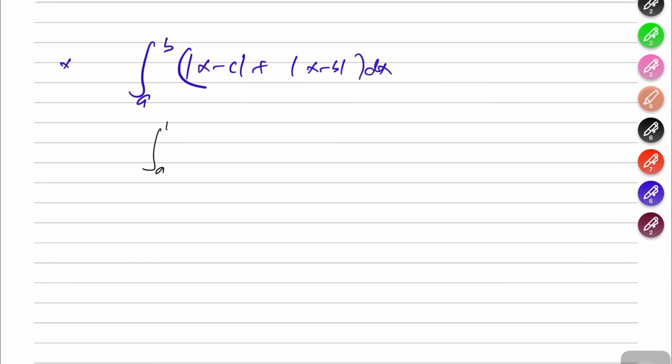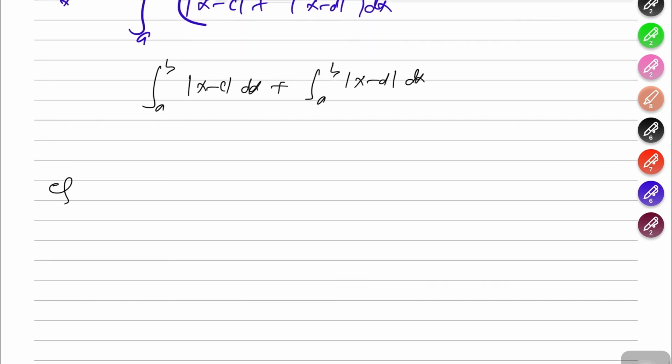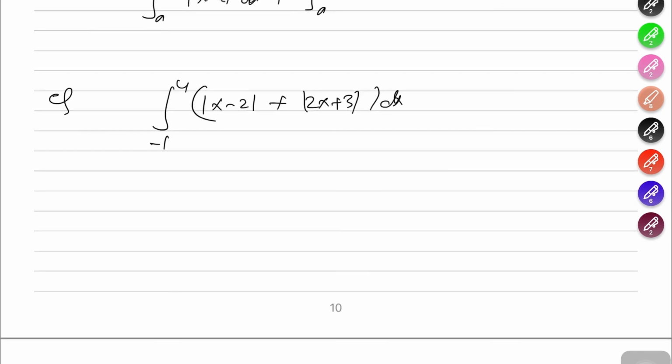So we can write it like this: the integral from a to b of mod of (x minus c) dx plus the integral from a to b of mod of (x minus d) dx. Okay, let's take one more problem quickly. The integral from minus 1 to 4 of mod of (x minus 2) plus mod of (2x plus 3) dx. Quickly we solve it.